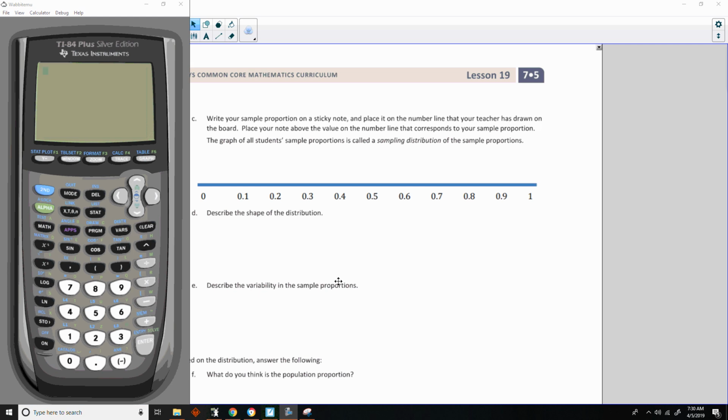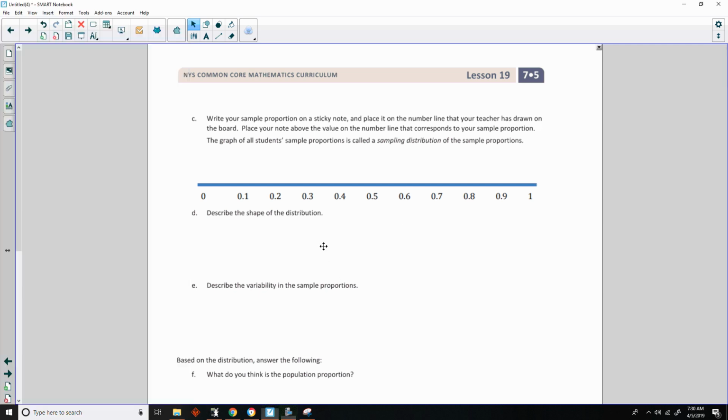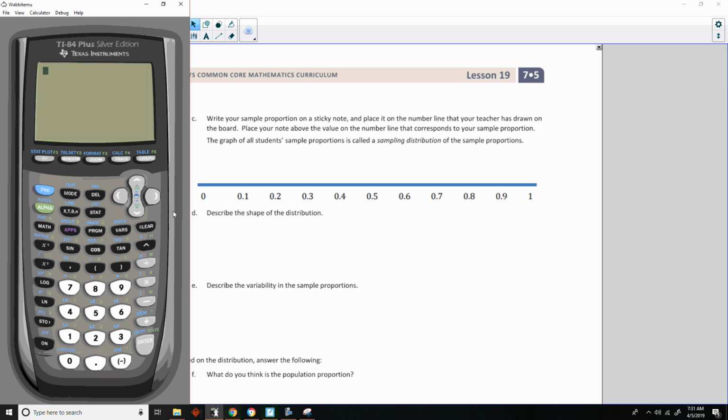Okay, so again, since we're in a classroom setting, what I did was I drew the number line from 0 to 1, 1 being 100%, and if this was a class setting, let's just pretend there's 10 students in our class, and I'm going to use a calculator to do a random number generator to generate their outcomes. It's not as accurate as really doing it, but it suffices for this example.